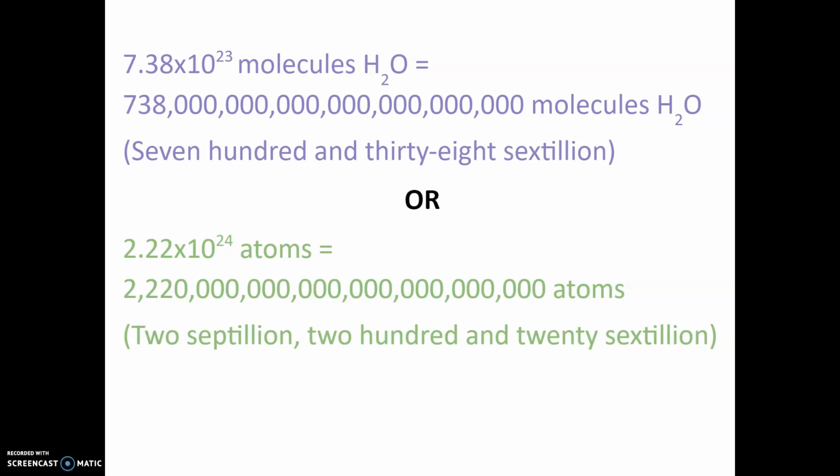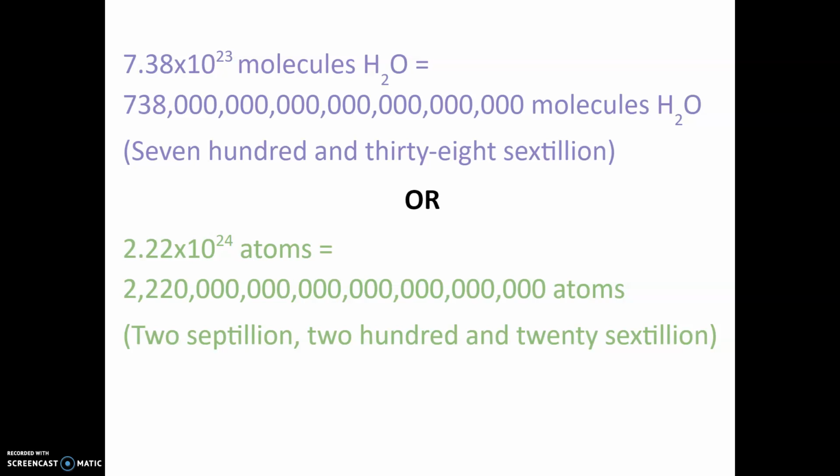Or we could call it 738 sextillion. I don't know the amount of zeros in a sextillion off the top of my head, but if you do, good for you. If we look at the atoms, right, we have 2 septillion, 226 sextillion.